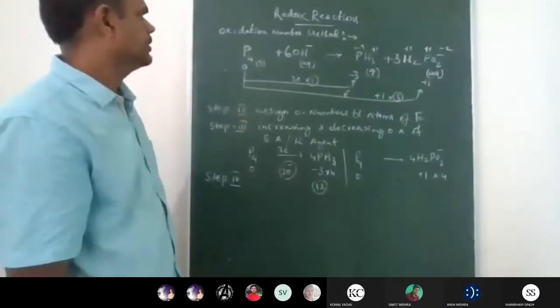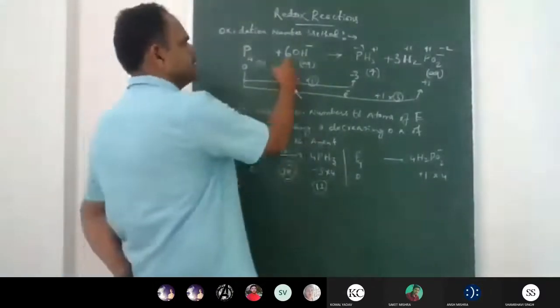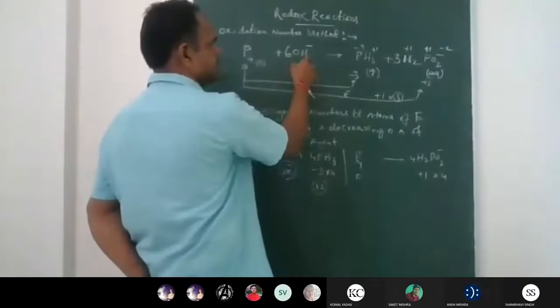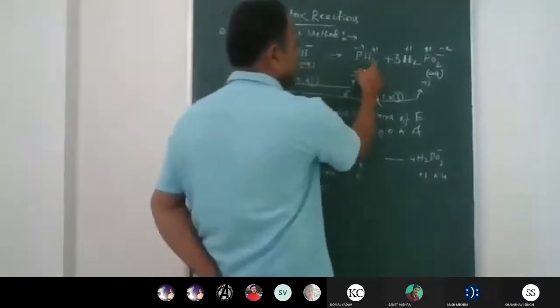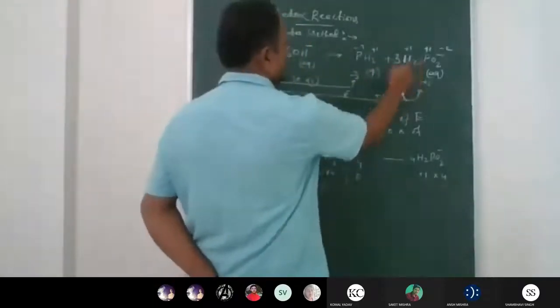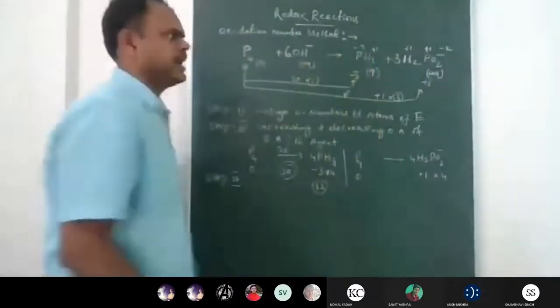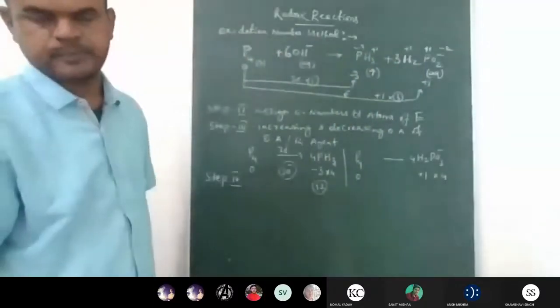But the hydrogen atoms are 6 on this side, while on the other side it is 3 into 2 and 3, so 9 hydrogen atoms are present.